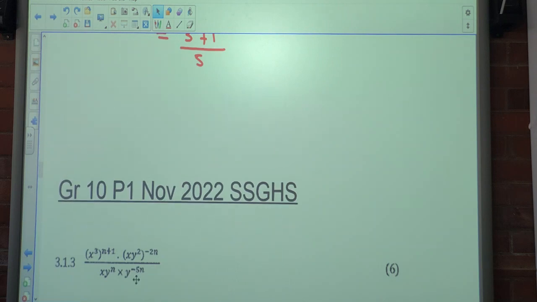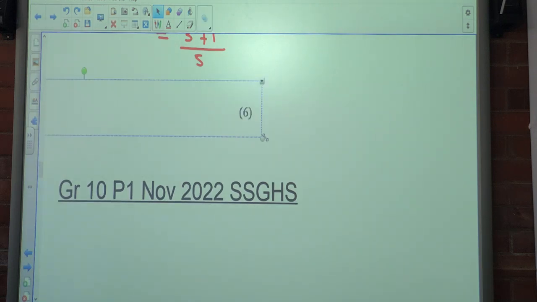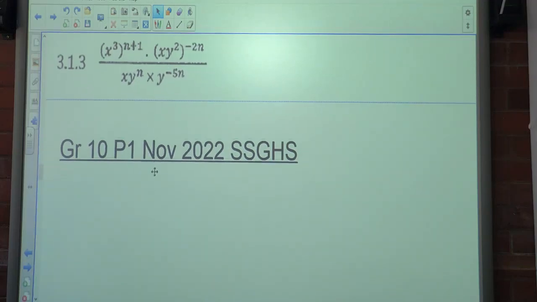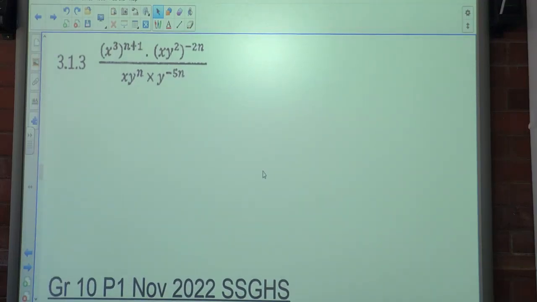Number 6, sorry, 6 marks. Question 3.1.3. We've got 3 x cubed raised to exponent n plus 1, times in brackets x y squared raised to exponent negative 2n, all over x y to the exponent n times y to the exponent negative 5.